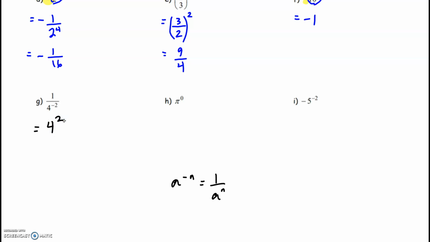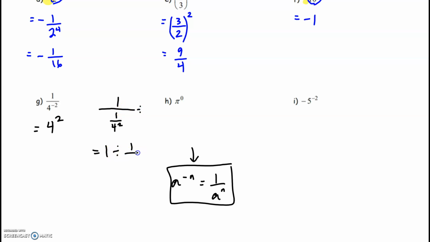Okay, and I'm just going to show you why using this rule right here. So right now I have 1 divided by 4 to the -2. And if I use the rule right here, 4 to the -2 becomes 1 over 4 to the 2. If I rewrite this as horizontal division, so 1 divided by 1 over 4 to the 2, we know that when we divide a fraction, we multiply and then flip, 4 to the 2 over 1, and that will equal 1 times 4 to the 2, which is what I told you the final answer is.